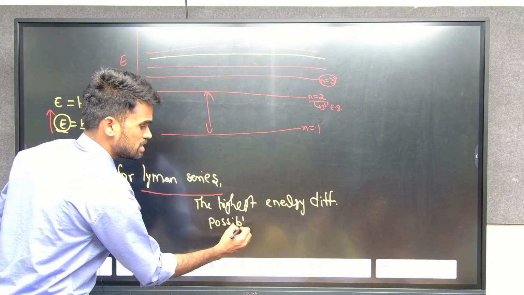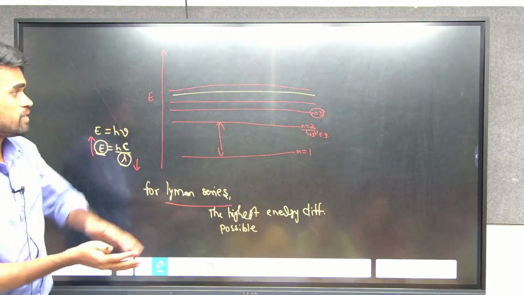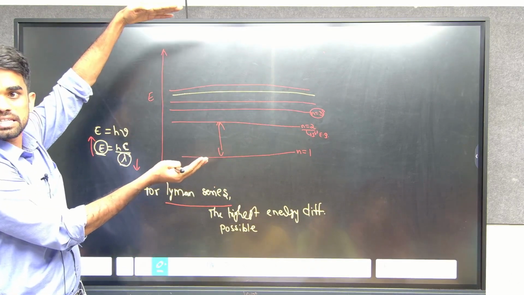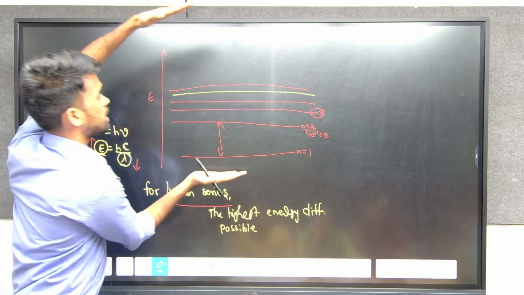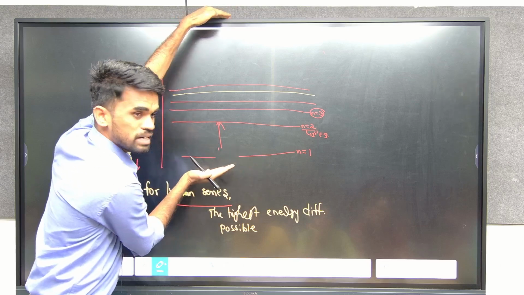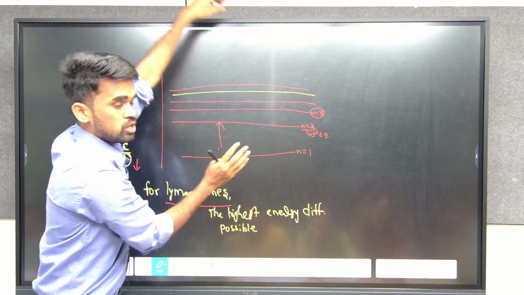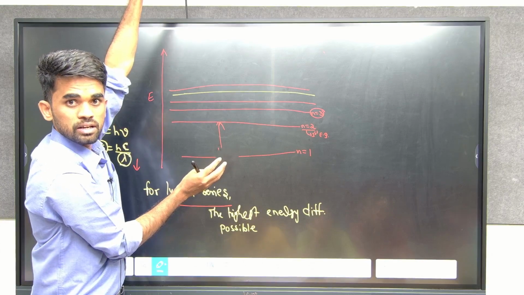Tell me, easy, whatever you are thinking, it is correct only. So energy difference means like E2 minus E1, E final minus E initial, like that only, no? So energy difference means this gap should be maximum. So if it is Lyman series means N1 must be 1 only. So what is the N2 for maximum energy difference? Infinity.